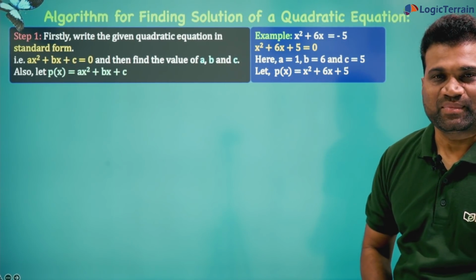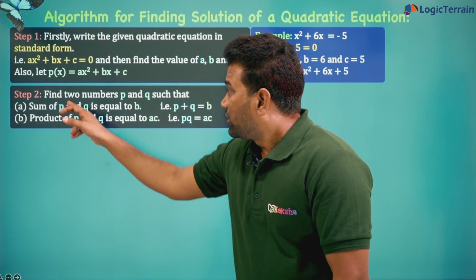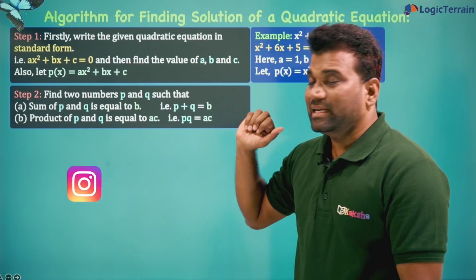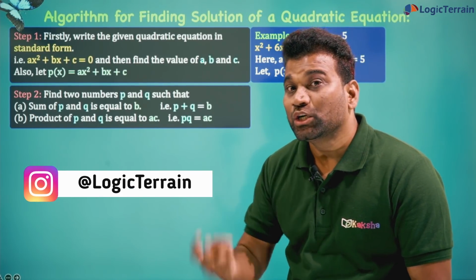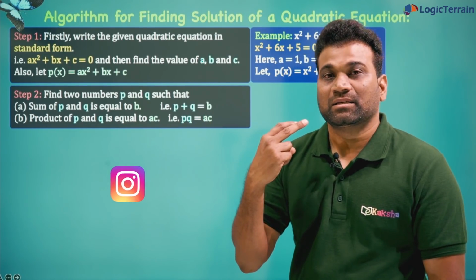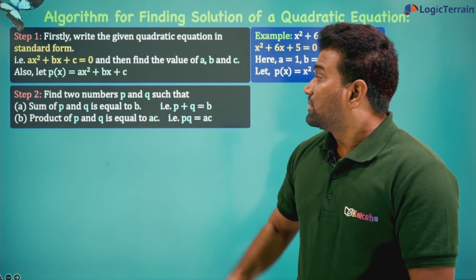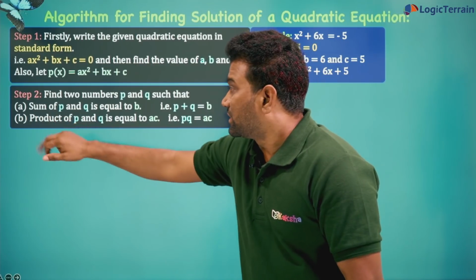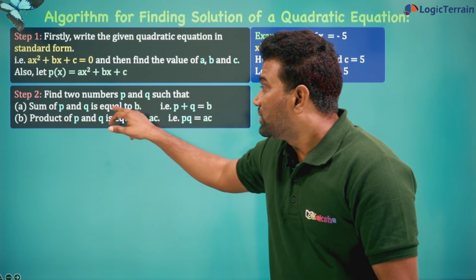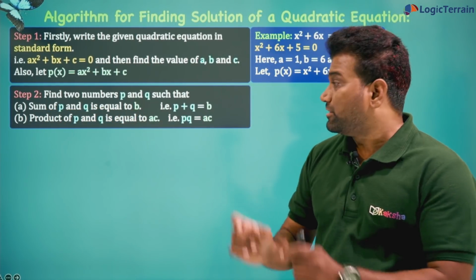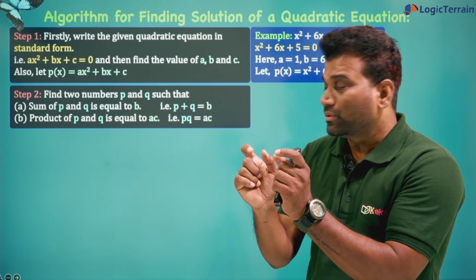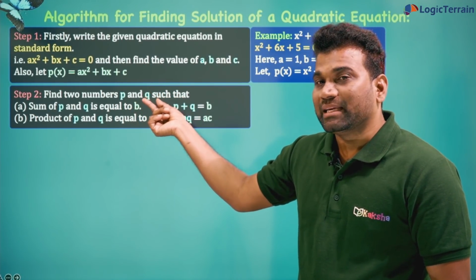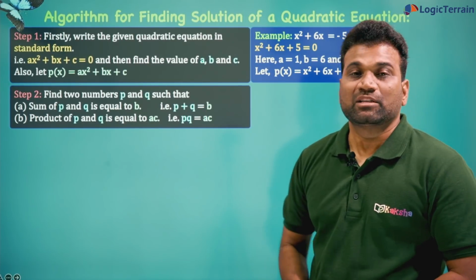Now step 2. Find two numbers p and q such that, here we need to find two numbers again. They should follow these conditions. First one, the sum of p and q is equal to b. When you sum up p and q, the sum is equal to the value of b, that is p plus q is equal to b.